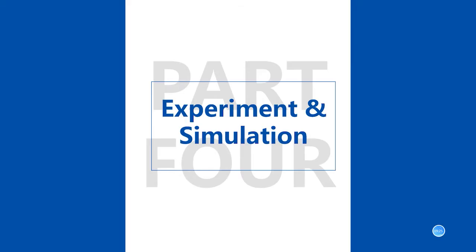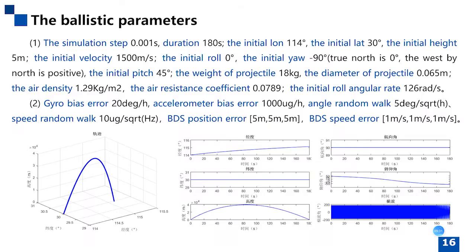The final part is the experiment and the simulation of this research. Before verifying the above algorithm, we need to design the ballistic trajectory. This paper sets the ballistic parameters as follows. It includes the simulation step, the initial information, and other parameters.